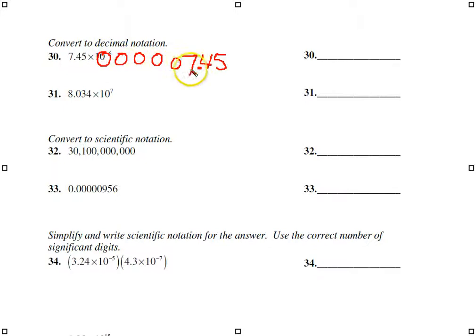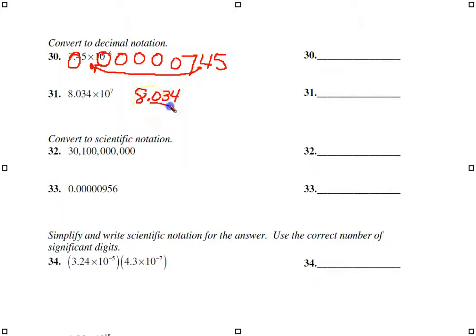And now I'm going to move the decimal over. It goes there, and I put an extra 0 to lock in where I'm moving the decimal to. So I'm moving it from here over 6 places to the left when that's negative. Now here, this is a positive, so I have to move the decimal place 7 places to the right.